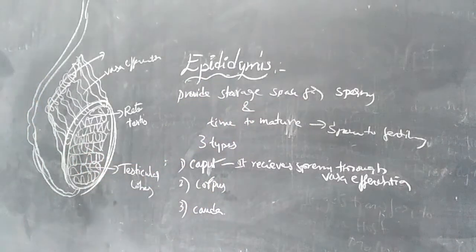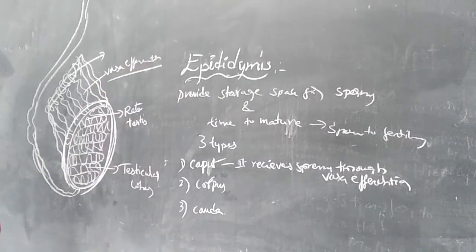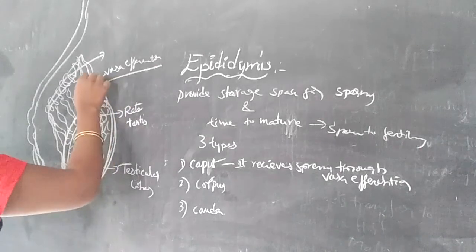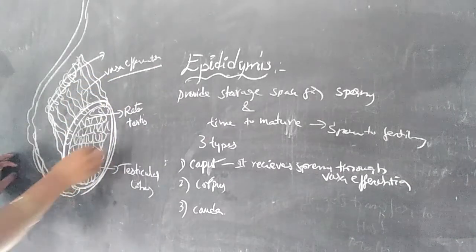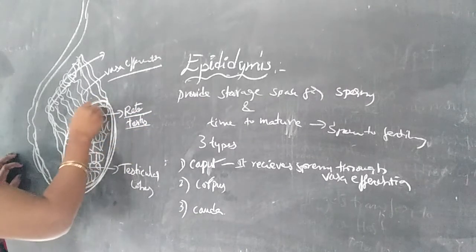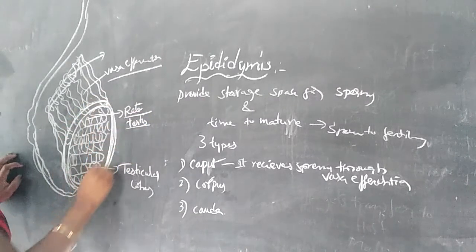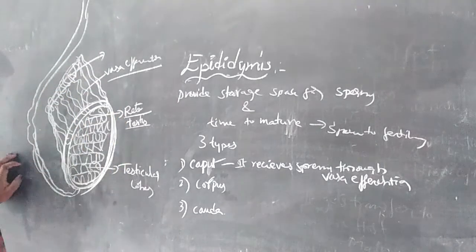Mainly the vasa efferentia open into a narrow, tightly coiled structure, the rete testis, and it opens into the epididymis. So this is the epididymis structure.